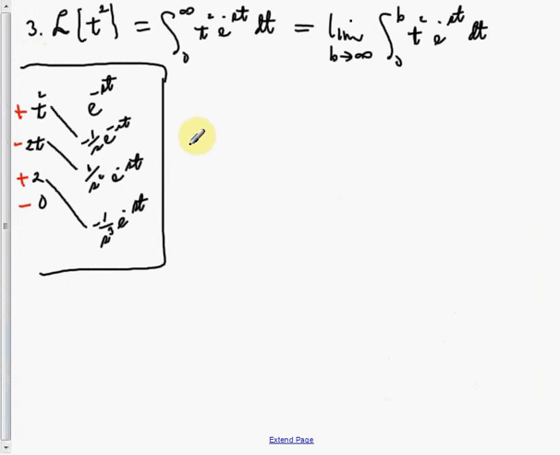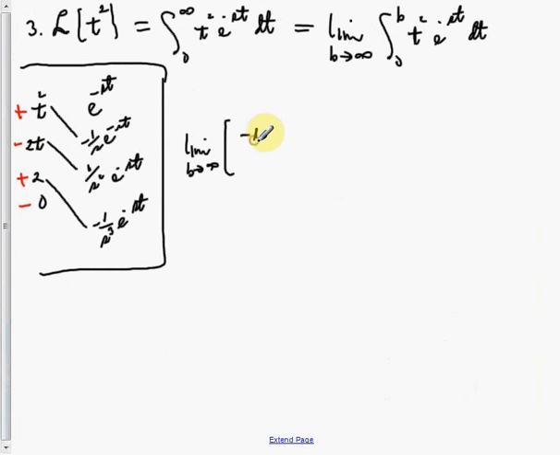So if that's the case, then we have the limit as b goes to infinity of negative t squared over s times e to the negative st. Just put the combinations together.